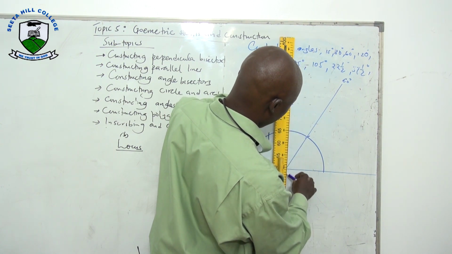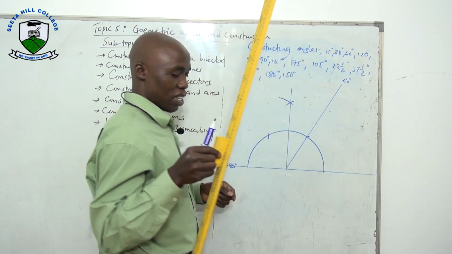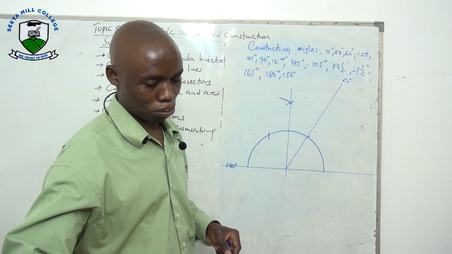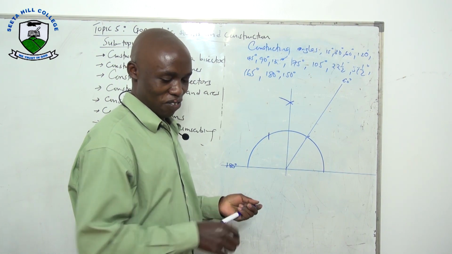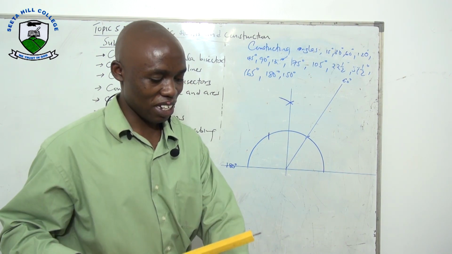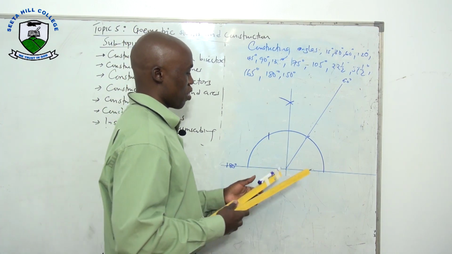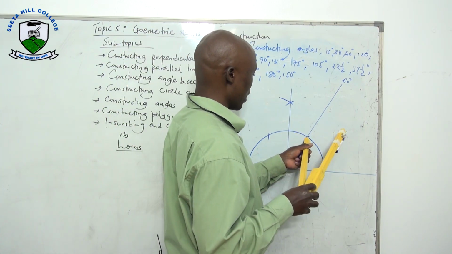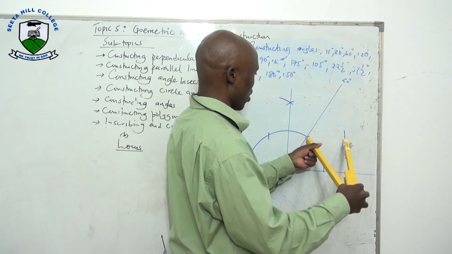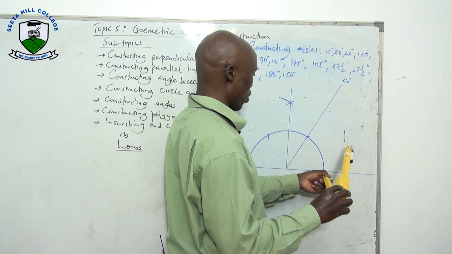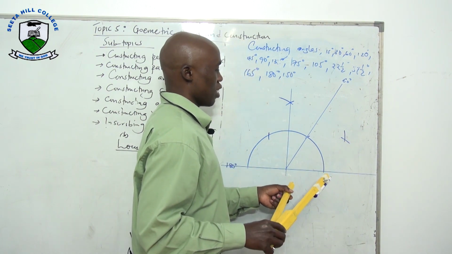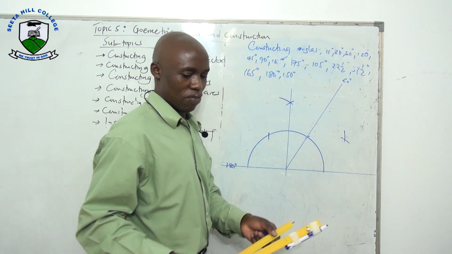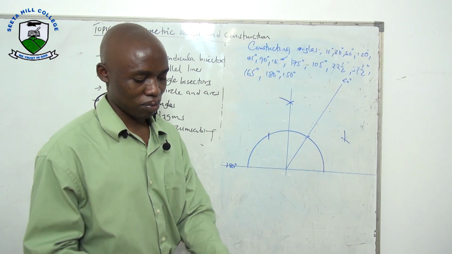If that is 90, which other angle can I add there? We are adding 30. I first add 30, how? I bisect this one. I've got which angle? 30. How will I get 45? Bisect 90.